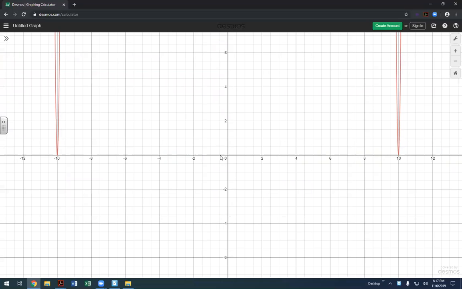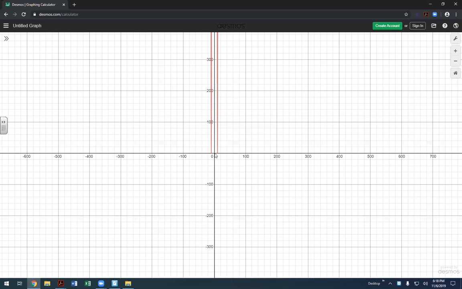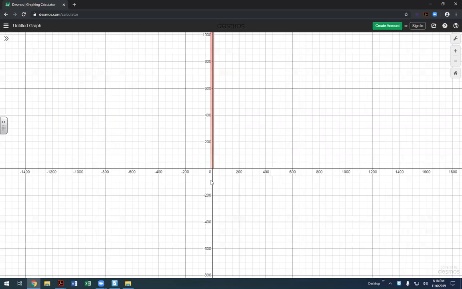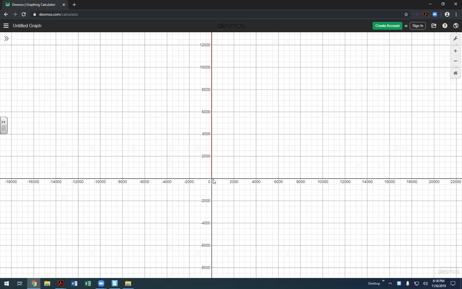So if we try to bring those tens in, you can see just with this scale, we're not really seeing the entire shape of the graph. If we try and zoom out, we haven't even reached 10,000 yet. 2,000, 4, 6, 8, 10, 12. You can see what that graph ends up looking like, right? Just a really fat line.